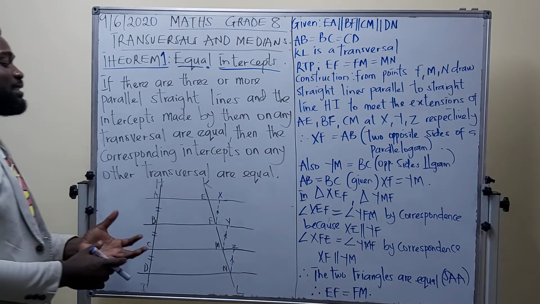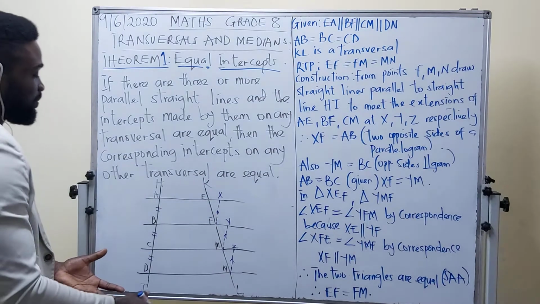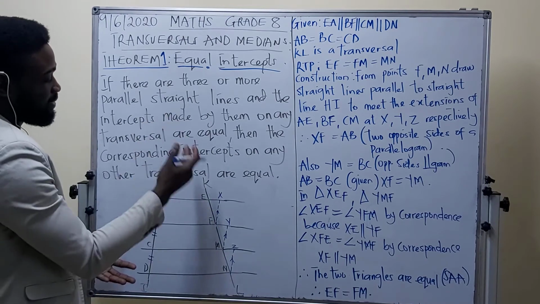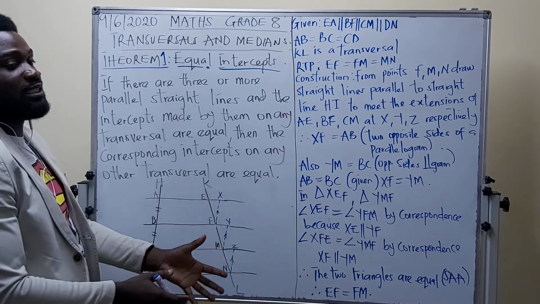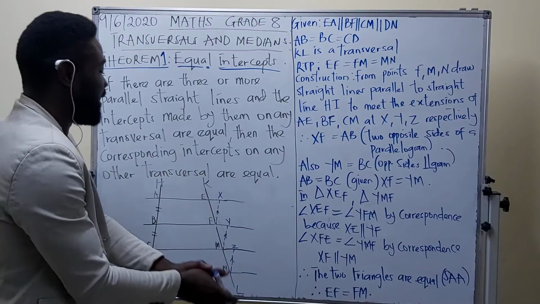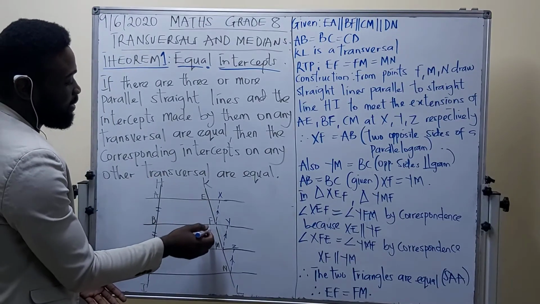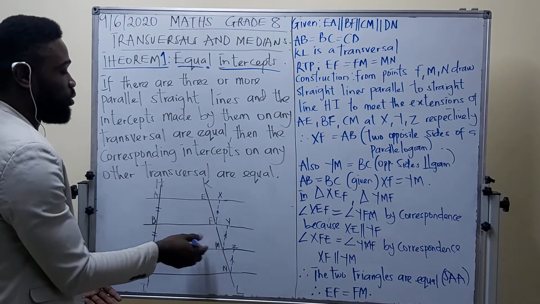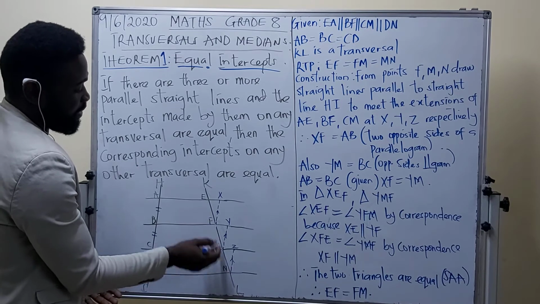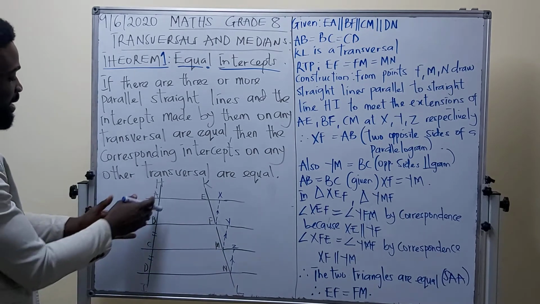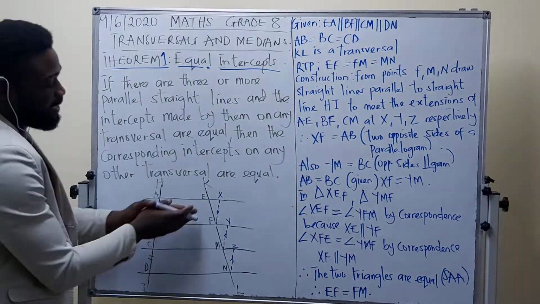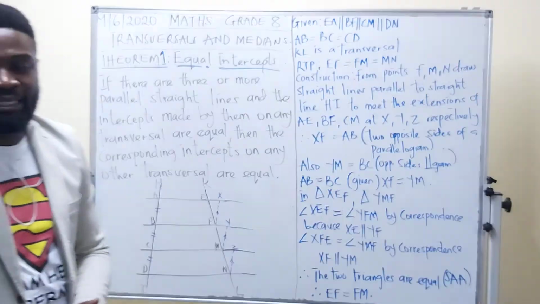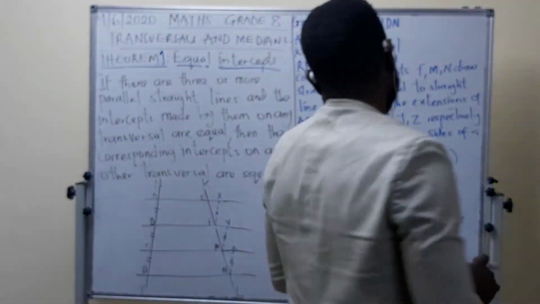Now, the corresponding side, the other side of it, we want to show and prove that the other transversal cutting, now we are talking about another transversal entirely, transversal KL. Now, the points E and F, the distance, we want to prove that it is equal to FM, which means, as we have said, that AB is equal to BC, we want to prove as well that EF can also be equal to FM. So get that at the back of your mind, and don't forget it.